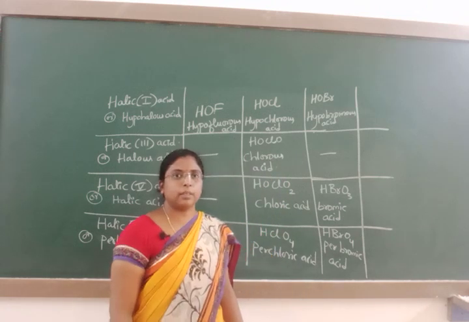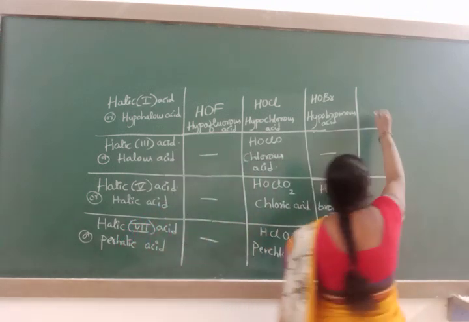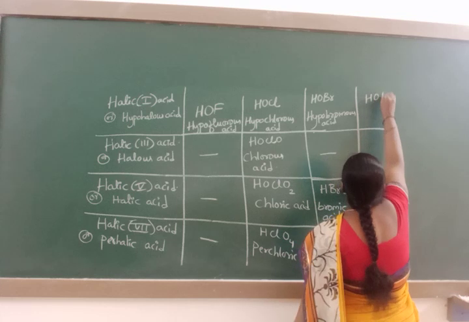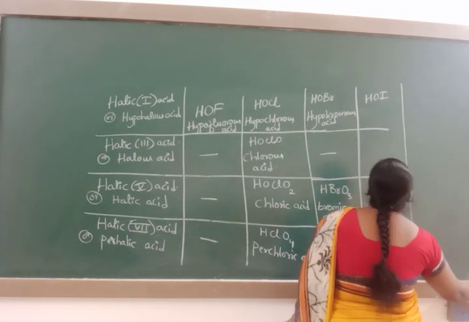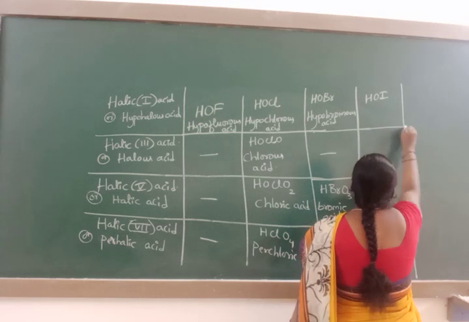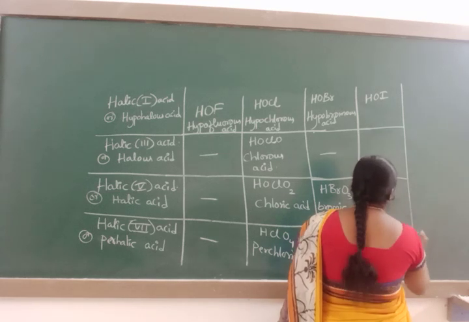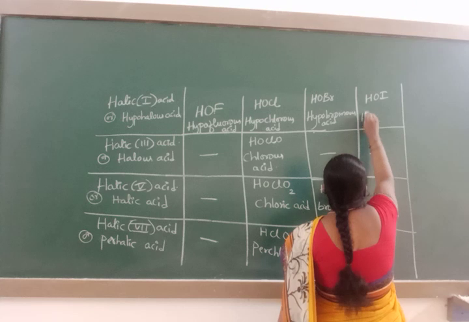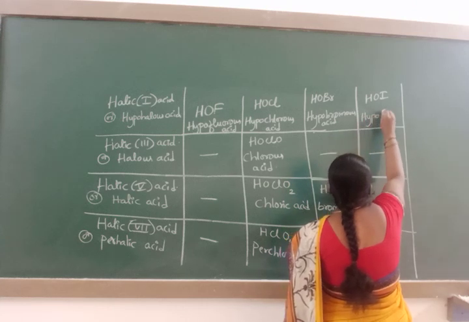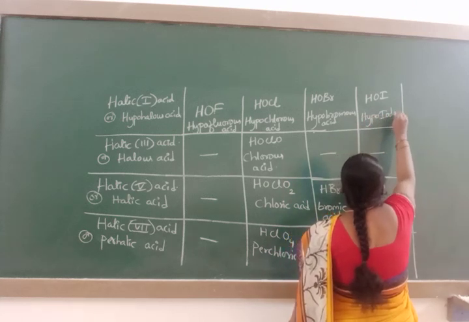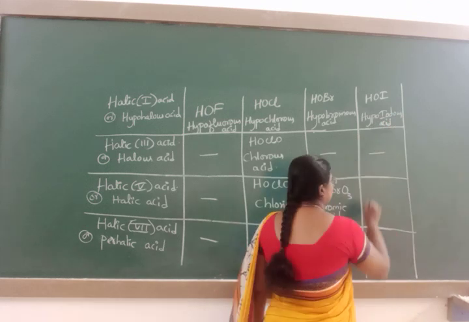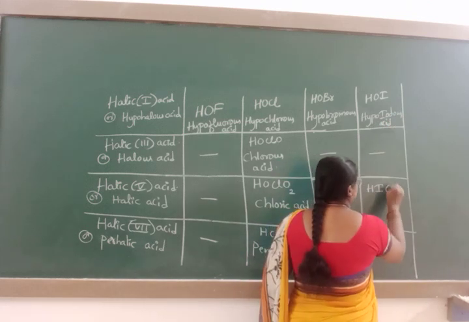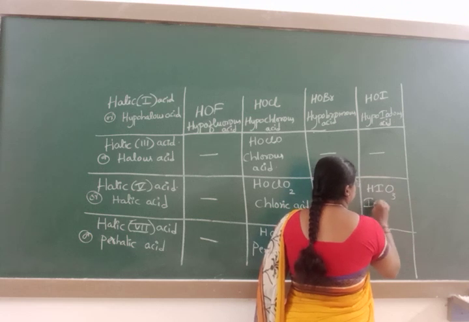The last one is iodine. It exists in the form of HOI. HOI is known as hypoiodous acid. It exists as HIO3, as iodic acid.